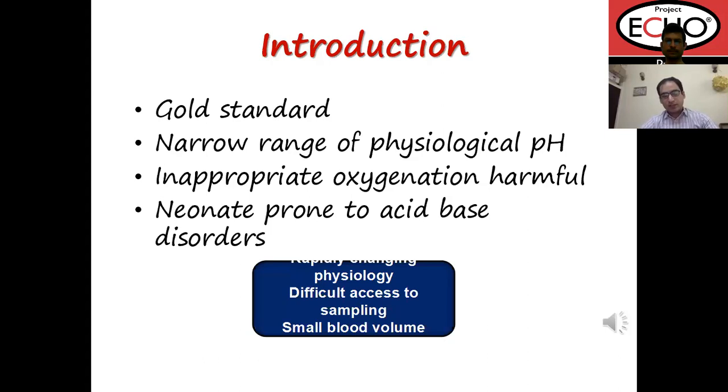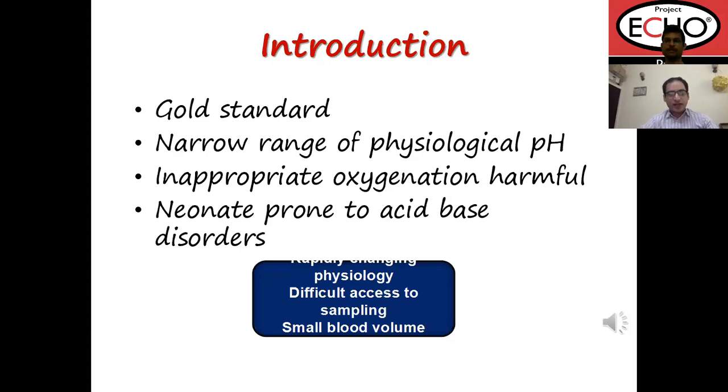Also, neonates are prone to acid-base disorders, so we need to do these more frequently in this population. But there are certain caveats. The blood volume in a term neonate is roughly around 250 ml, which can be even lesser in a very preterm baby, compared to adults who have a blood volume of 5 liters.